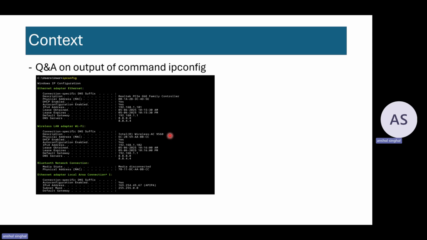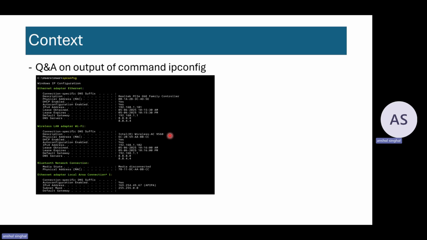For example, when we are typing www.google.com or www.youtube.com or any other website or URL in our laptop's browser, we do not know the IP address where this YouTube server is located.